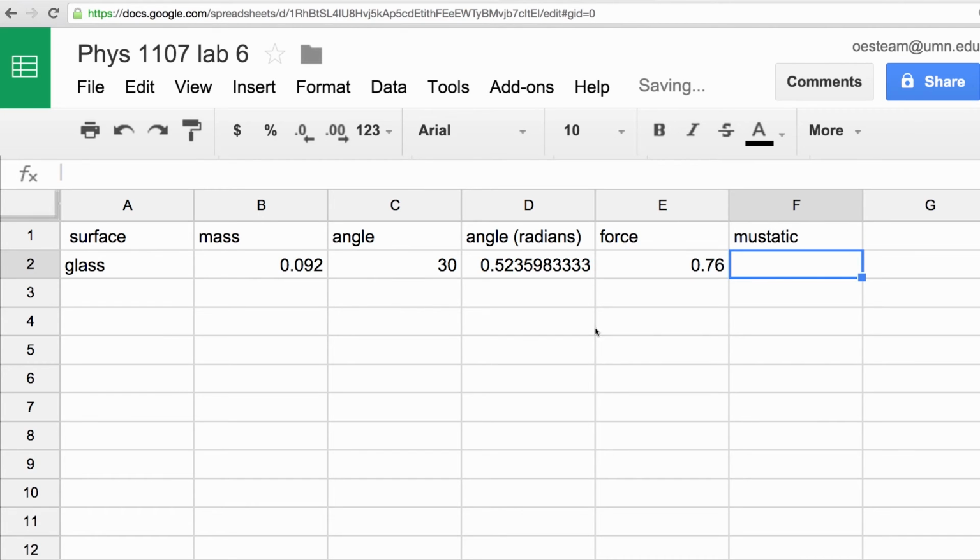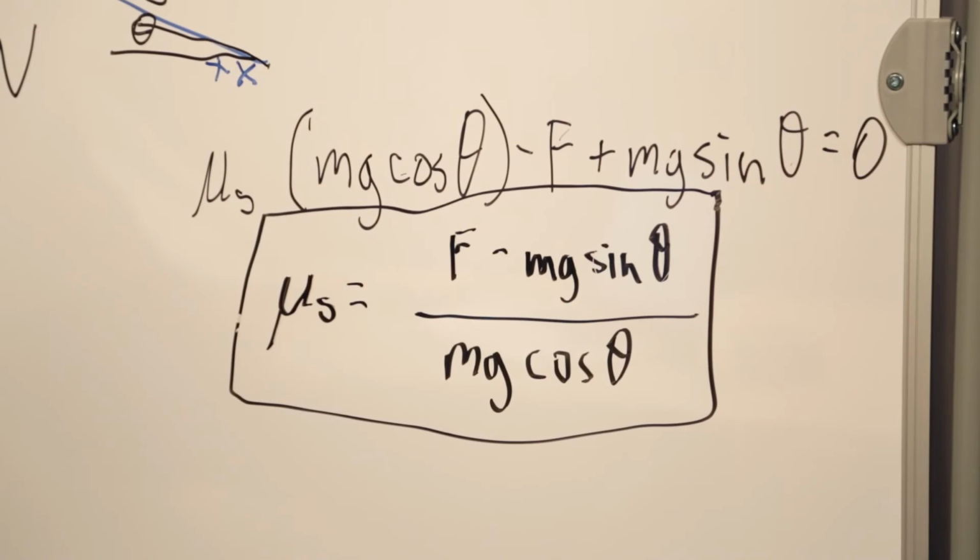Mu static comes out of this equation. I have to type this into my spreadsheet.